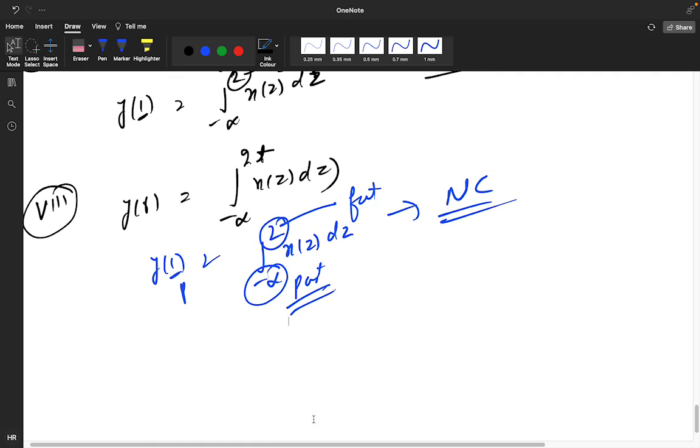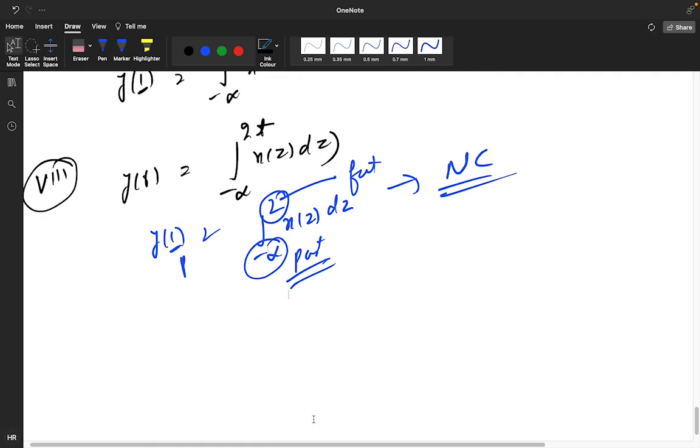So for non-causal type differentiation, the output depends on the combination of present and future value of input. Okay, note it down.